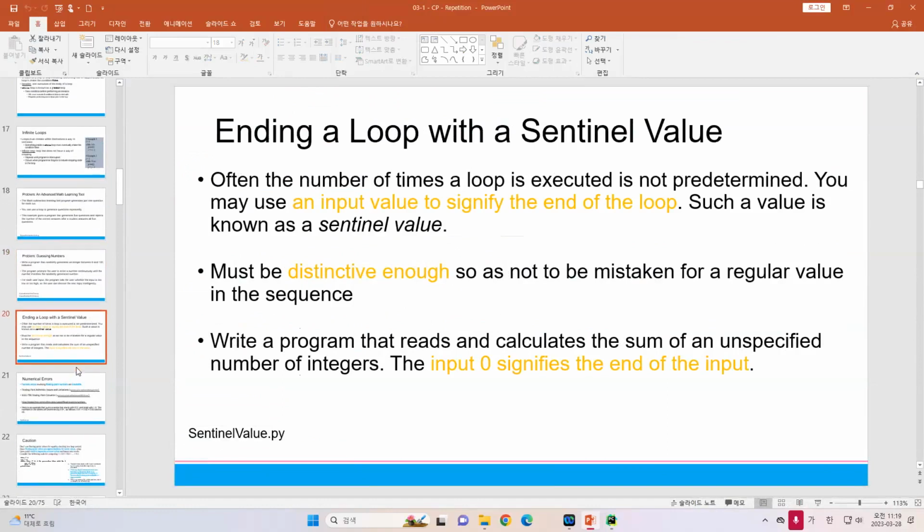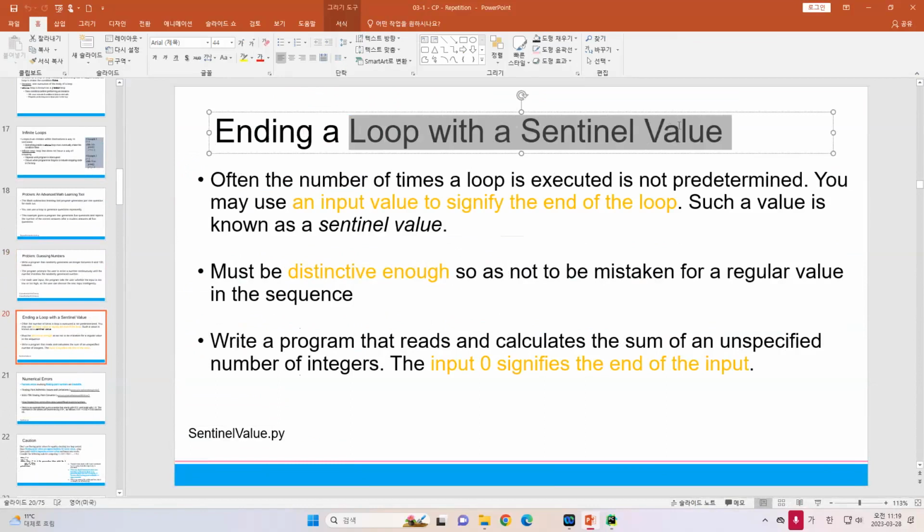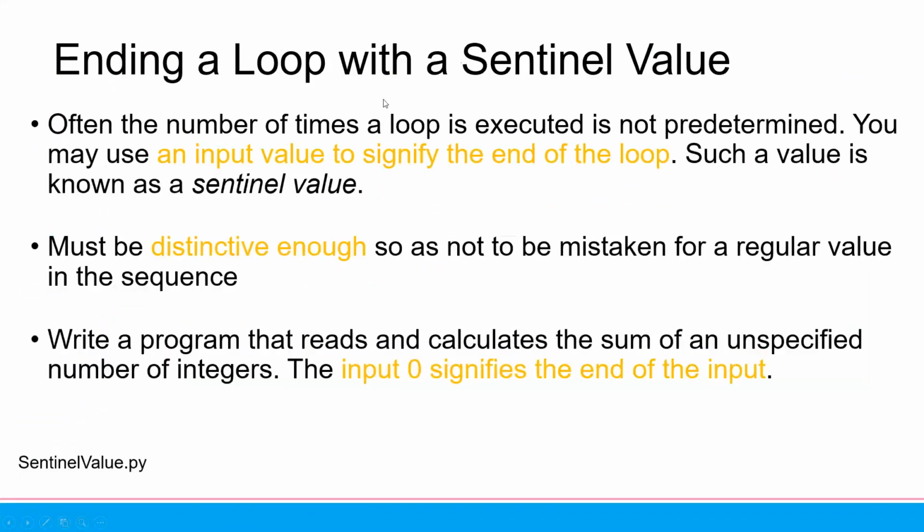So we have the problem: when we have a loop, we can end the loop with a sentinel value. What does it mean by sentinel value? Often the number of times a loop is executed is not predetermined.